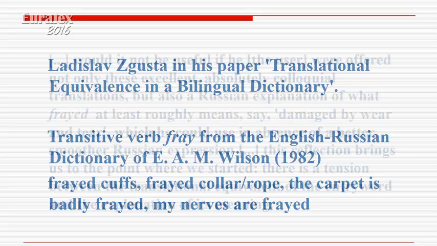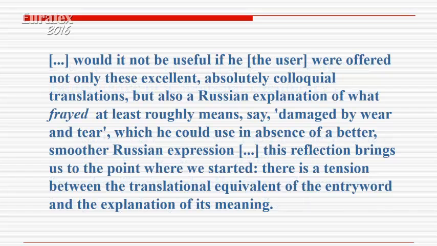This is what he writes. But then he adds, would it not be useful if the user were offered not only these excellent, absolutely colloquial translations, but also a Russian explanation of what frayed at least roughly means, say, damaged by wear and tear. This is actually an equivalent of meaning, which he could use in the absence of a better, smoother Russian expression.